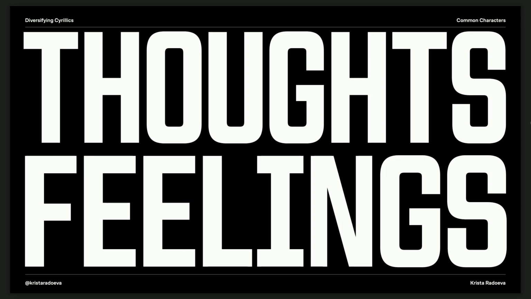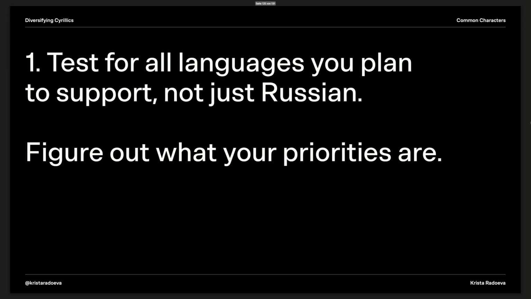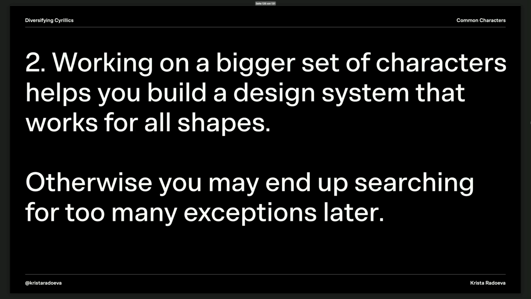But I can't finish without a few thoughts and feelings about what to do when you're designing Cyrillic. Please do test for all the languages that you're planning to support. Figure out which ones are the most important, because ideally there is a perfect design system that works perfectly on all scripts, but maybe that's not always the case.